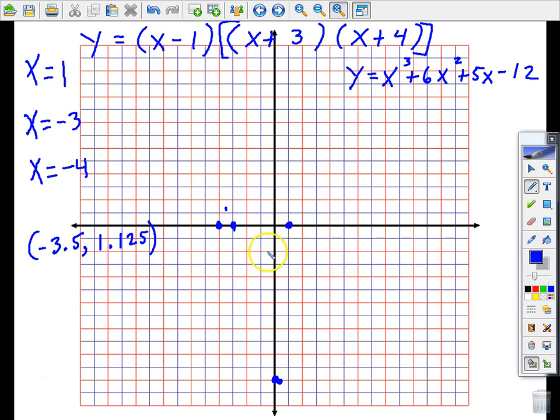So what do you think I'm going to choose for an input? What is directly in the middle of -3 and 0? -1.5. So now let's do the same thing with an input of -1.5.